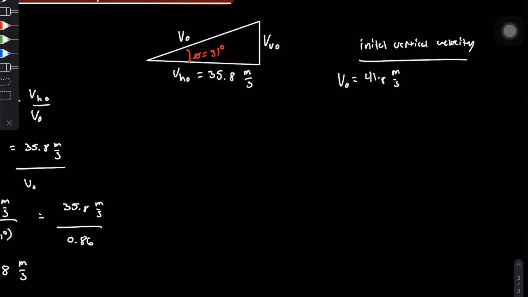Next thing we had to calculate was the initial vertical velocity. In order to find the initial vertical velocity, all we did was sine of 31 degrees, or sine of theta, equals the initial vertical velocity over the initial velocity. So sine of 31 times initial velocity equals the initial vertical velocity.